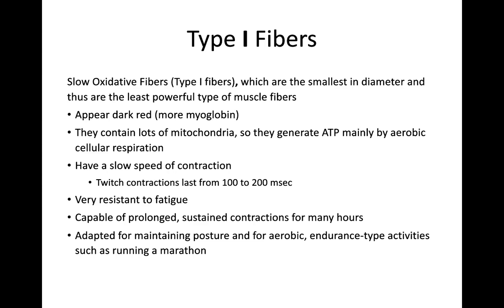Already told you they are slow as far as contraction speed goes. Aside from that, though, a benefit that they have is that they're very resistant to fatigue. So they're less likely to get tired, which enables them to perform prolonged sustained contractions for many hours, which is good for certain types of muscles like your postural muscles, or in aerobic endurance activities like running a marathon.